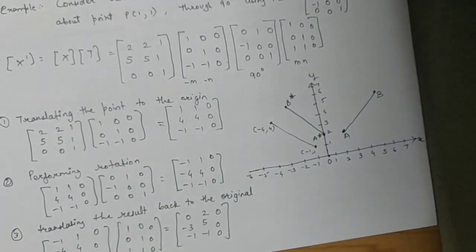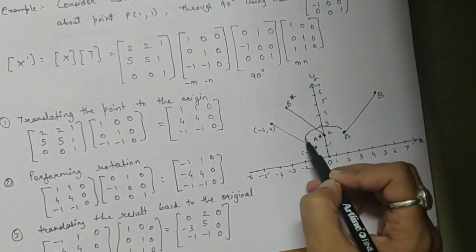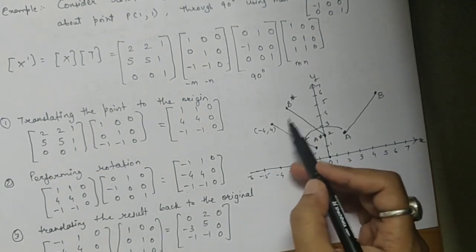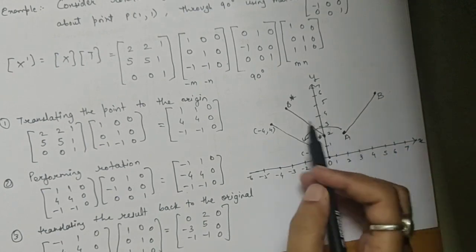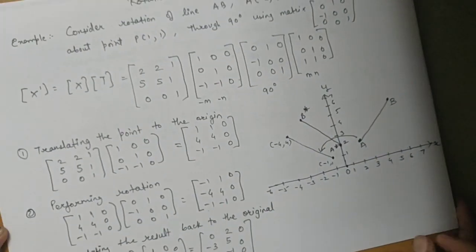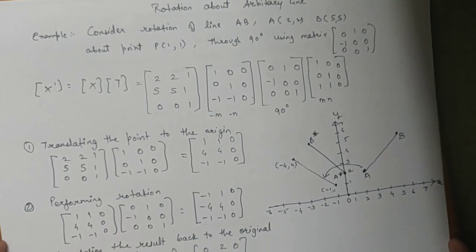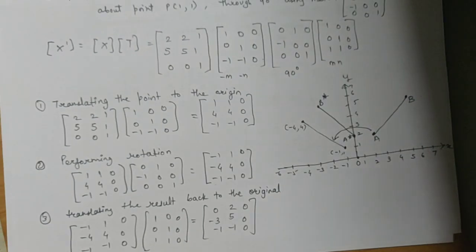First this is the original line, we rotate it, and then we translate it back. This is the rotation about the arbitrary line. I hope you have understood this. Thank you so much.